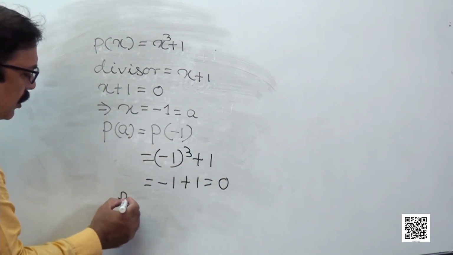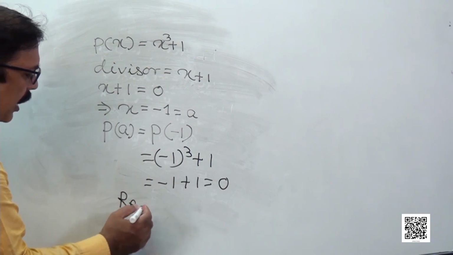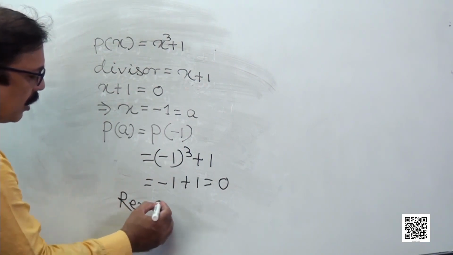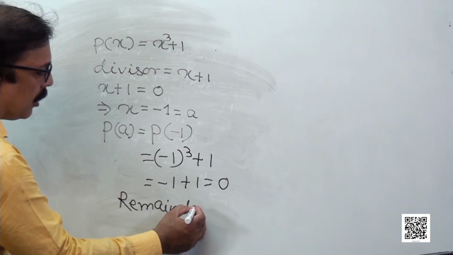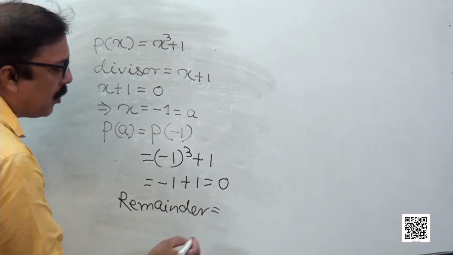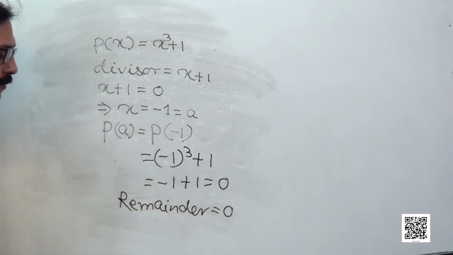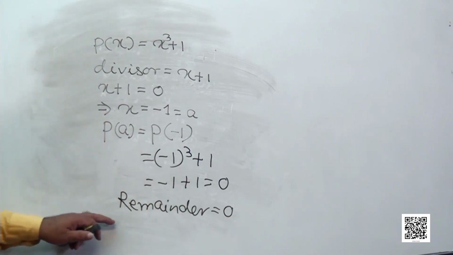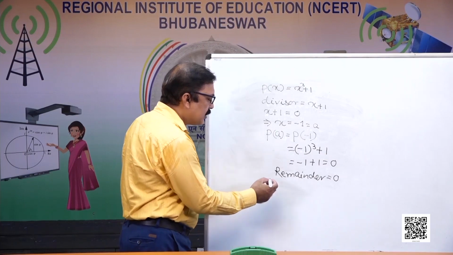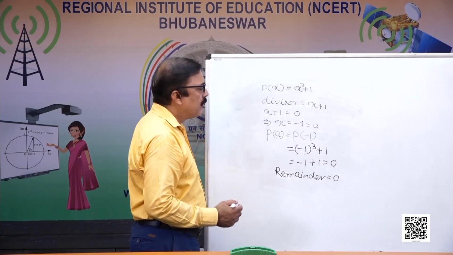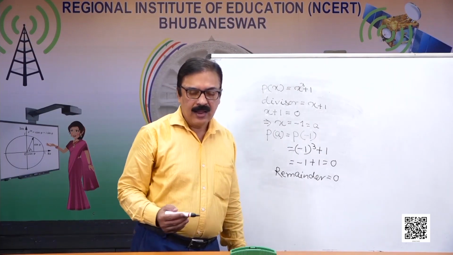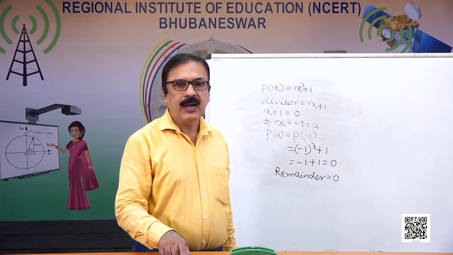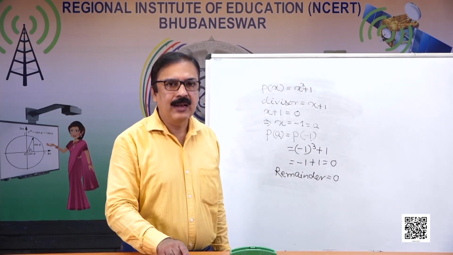So if the division would be there, then the remainder would be 0. Now in this division, if the remainder is 0, we can say that x cube plus 1 is a multiple of x plus 1.